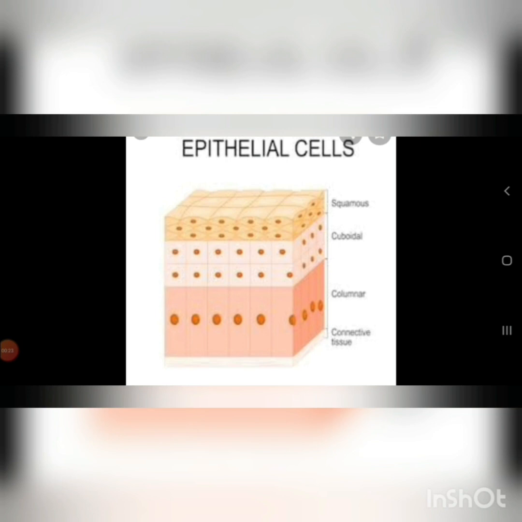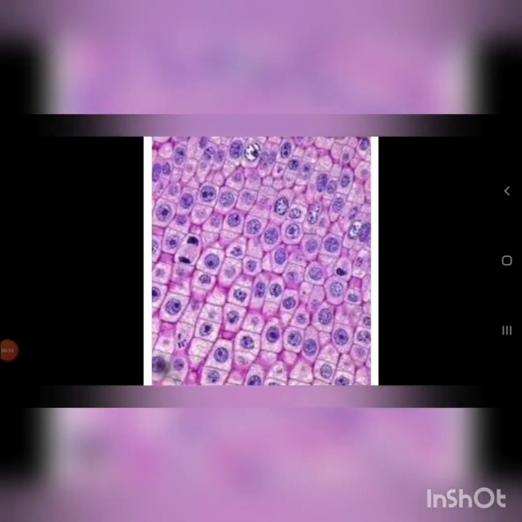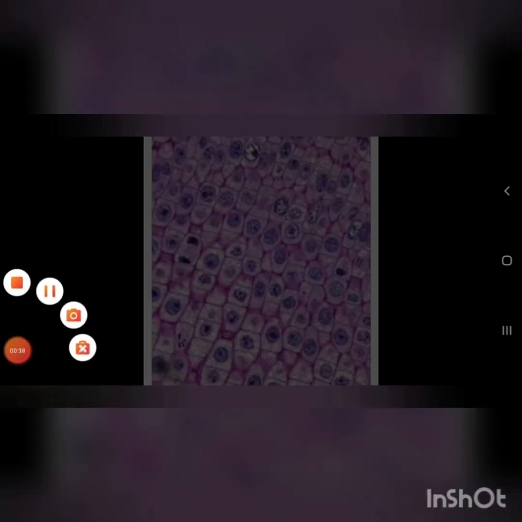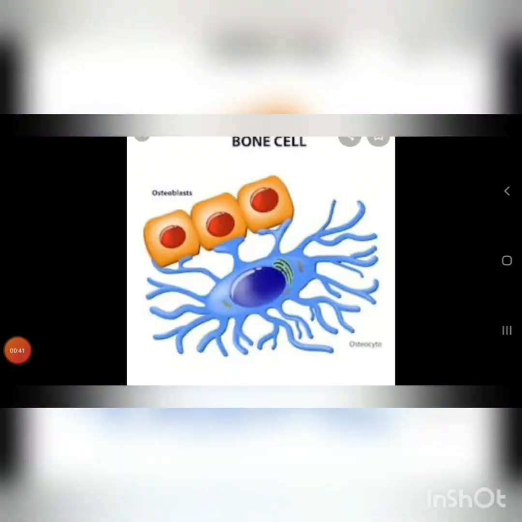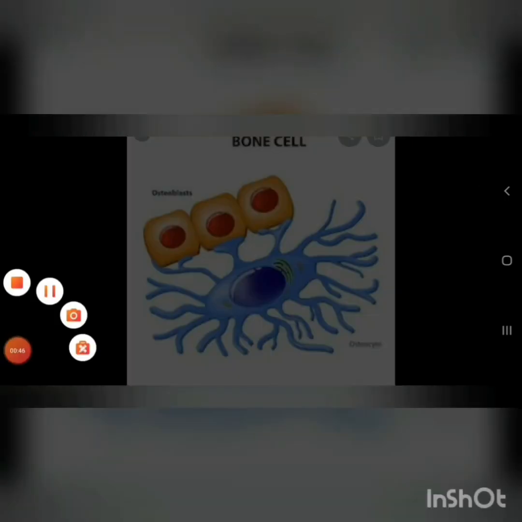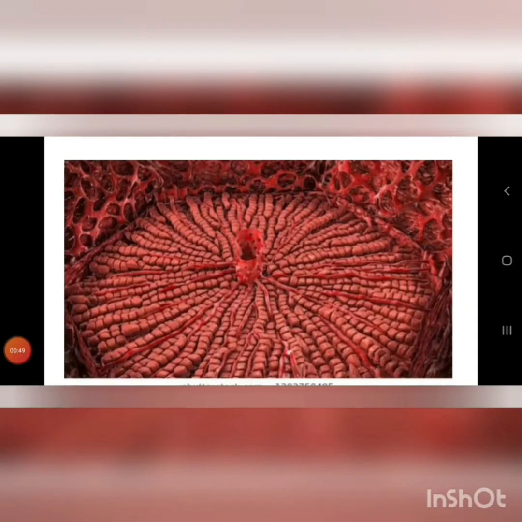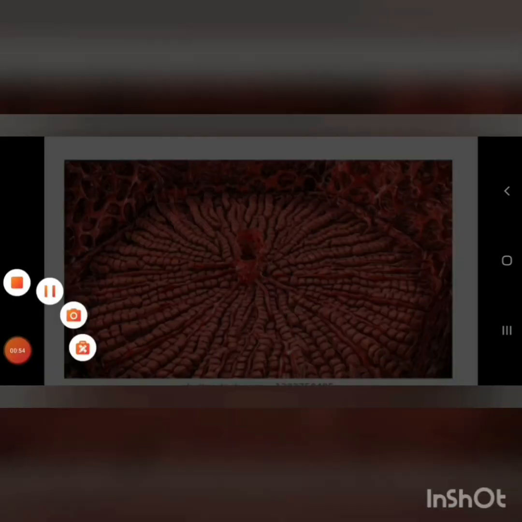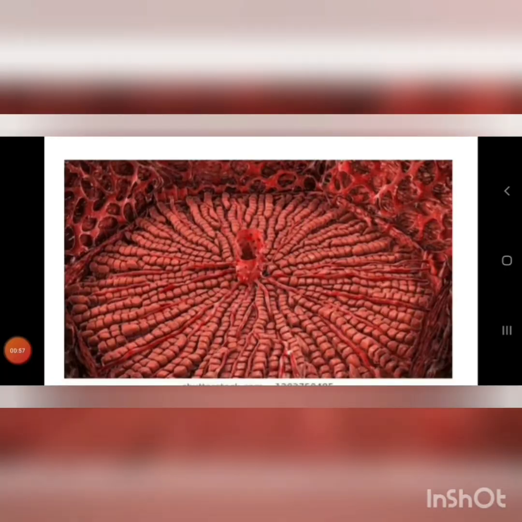Average life of other gut cells is about 15 years. Duration of cell replacement. Skin cells about every 2 weeks. Bone cells about every 10 years. Red blood cells about every 300 to 500 days. This is liver cells.